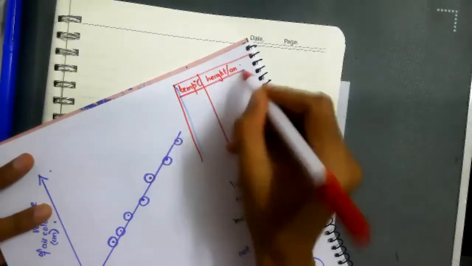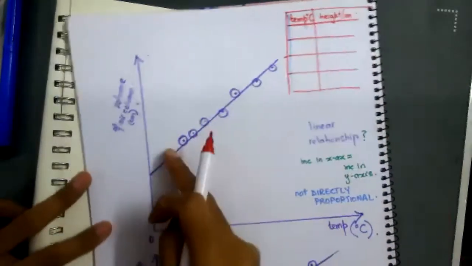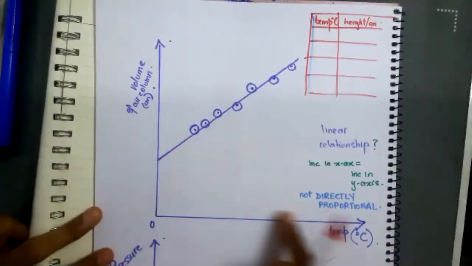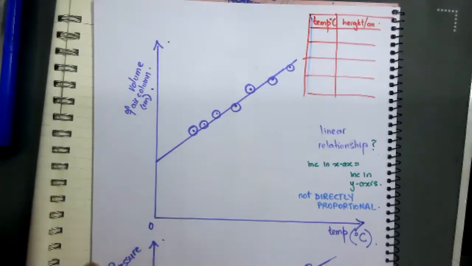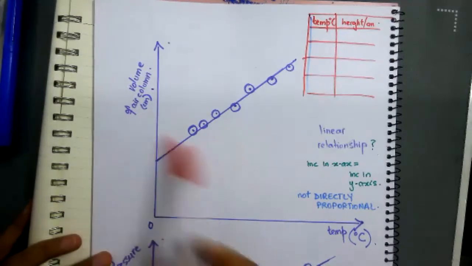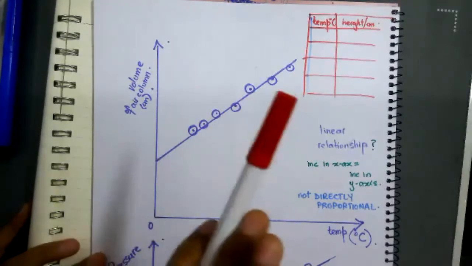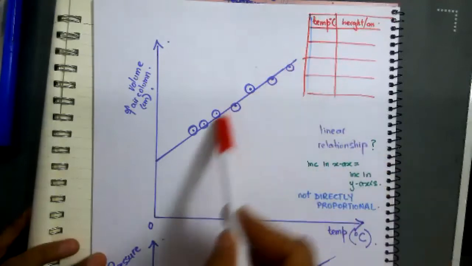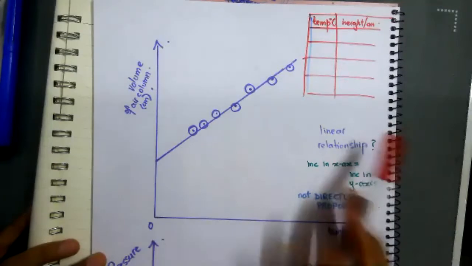You can also plot the results as a graph, where the x-axis is the temperature and the y-axis is the volume of the air column. You can even do it the other way around, but the shape of the graph will stay the same.